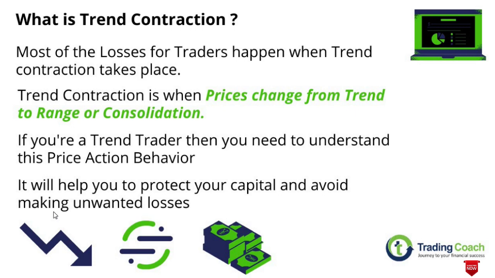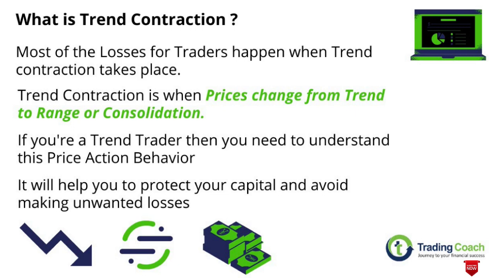It's for all types of traders, whether you are a trend trader, an indicator based trader, or a price action based trader. So make sure you understand trend contraction. The reason is you can avoid a lot of losses. You can avoid trading at the spot where most of the losses usually take place for technical traders.